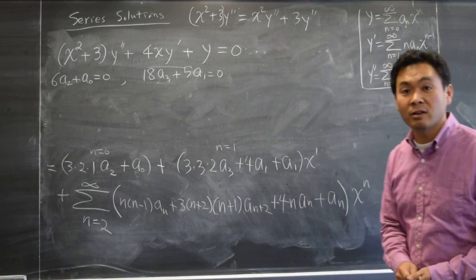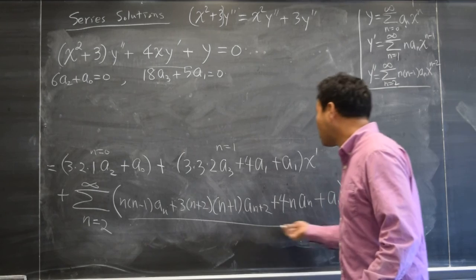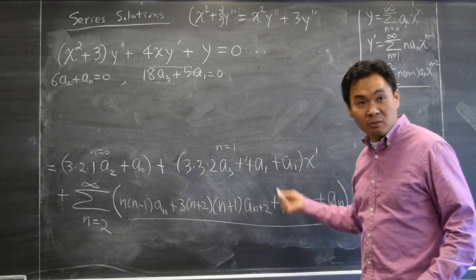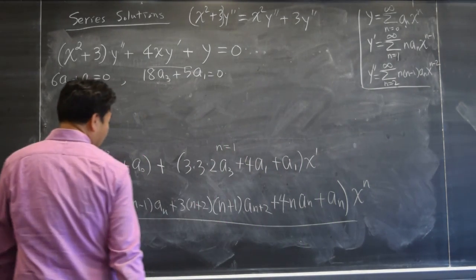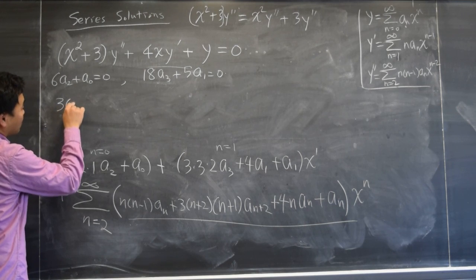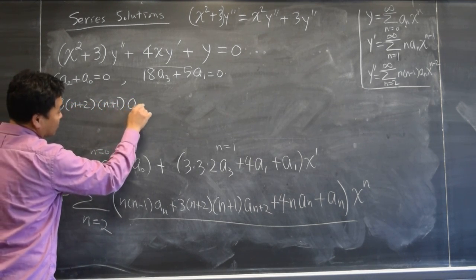The recurrence equation is just the last summation. Set it equal to 0 and solve for an plus 2, for the higher index. So let's write that down. 3 n plus 2 n plus 1 an plus 2.